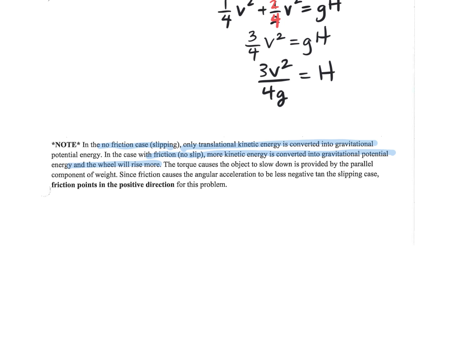We predicted less, but more. Torque causes the object to slow down, and it's provided by the parallel component of the weight. Since friction causes the angular acceleration to be less negative, then friction points in the positive direction for this problem. So friction is actually working to help it roll further up the incline.